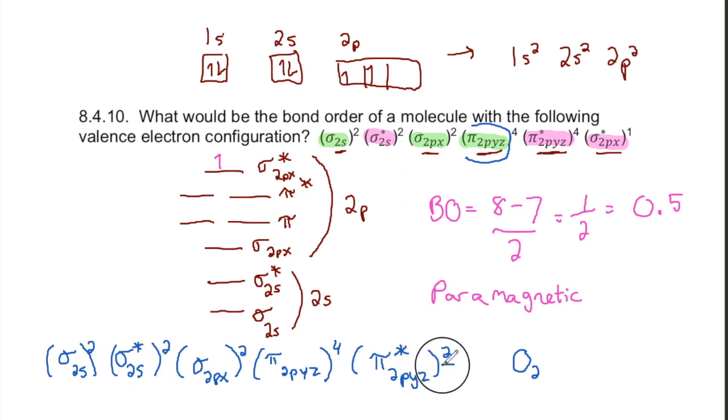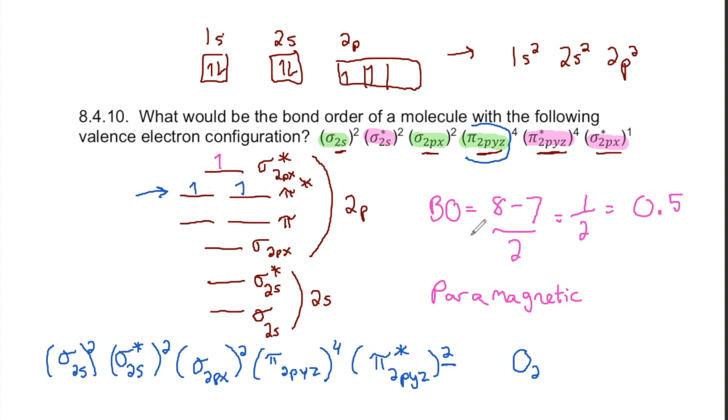So even though it looks like there might not be any unpaired electrons, remember that for these pi, there are 2 of them. So here's this pi anti-bonding. If there's only 2 electrons in here and not 4, so if it's not full, the pi anti-bonding or either of the pi orbitals, if they are not full, 2 electrons are still going to be unpaired.